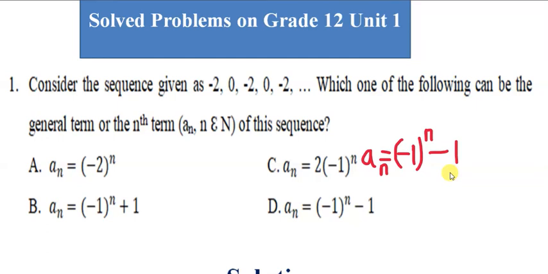Or if you are unable to formulate it, assuming you are sitting in an entrance examination and suddenly this particular question appears, you have to check each of the general terms, or nth terms, given in choices A, B, C, and D, simply for n equal to 1 and n equal to 2. Let us check what will happen if n is equal to 1.